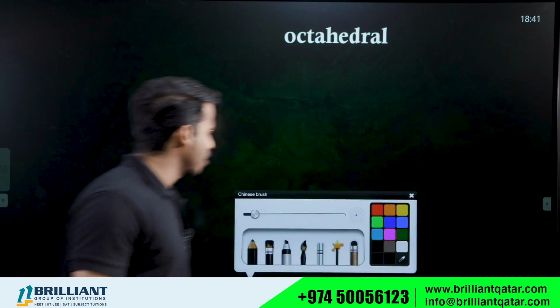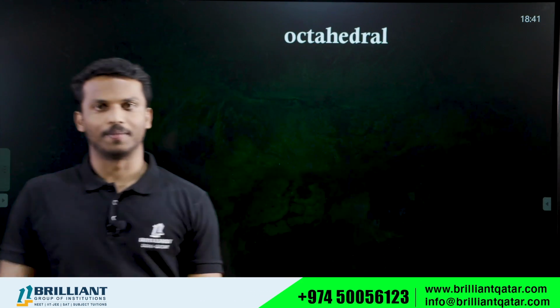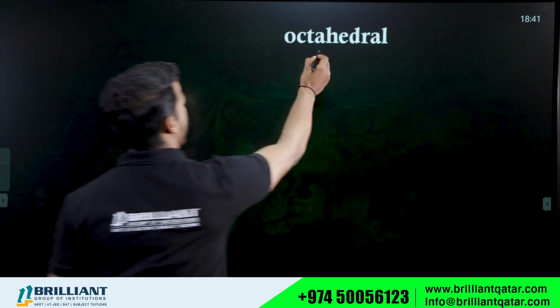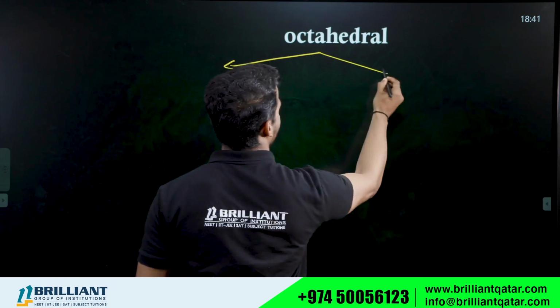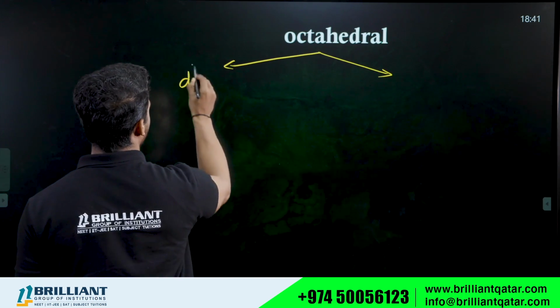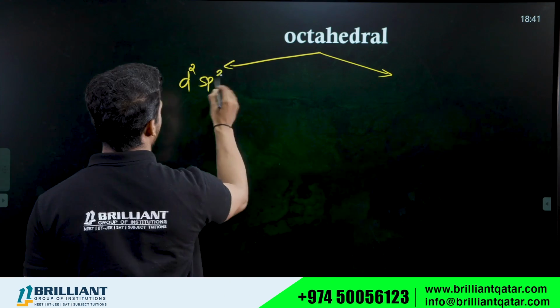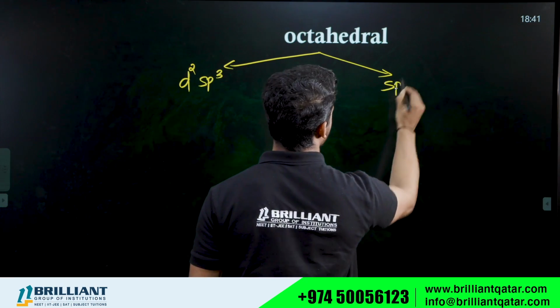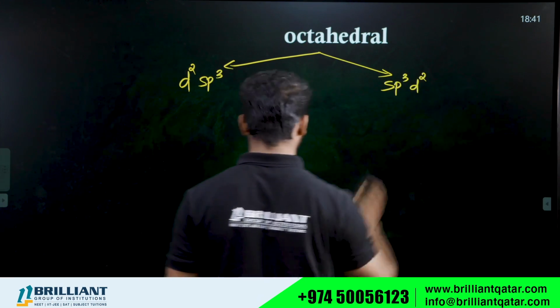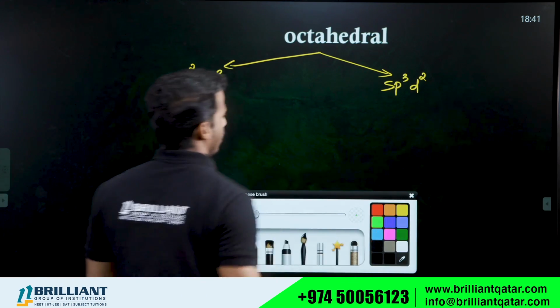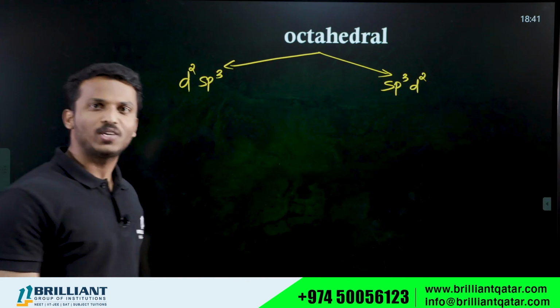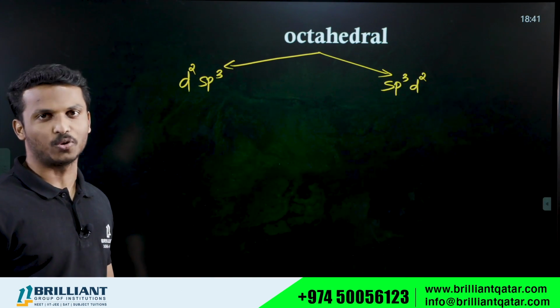In octahedral complexes, some special cases are there. The hybridization is either d2sp3 or sp3d2. What is the difference between d2sp3 and sp3d2?